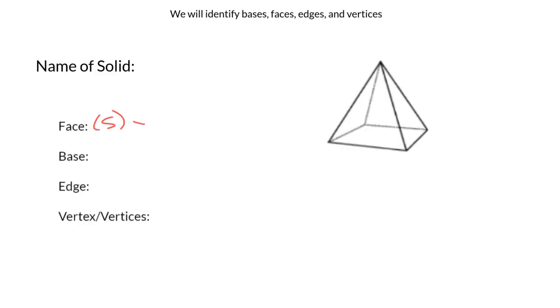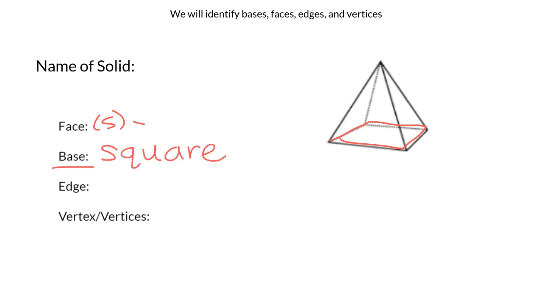Okay, we have our next solid here. We're going to start by looking at the shape of the base of this solid, because that will help us name the solid figure. Now I know that looks a little bit rectangular, but I think that is actually a square.